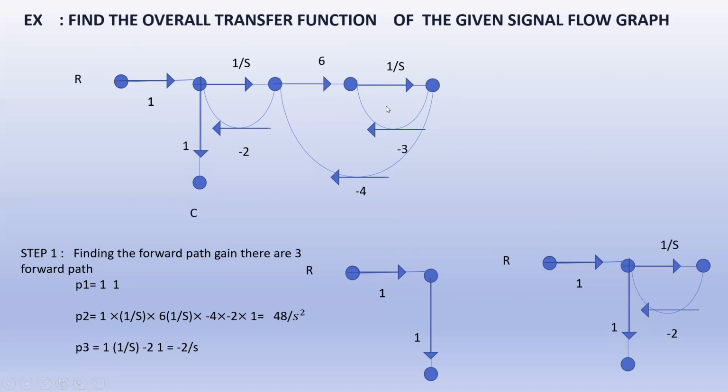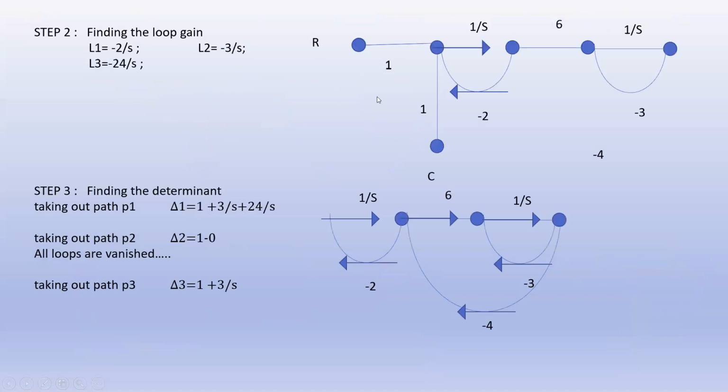As there is only one loop, there is no possibility of non-touching loops. With loop gain 3 by s, if we follow the same procedure in calculating the determinant, we have 1 plus 3 by s over here. So this is how we find the isolated determinants, by isolating the forward paths and finding the corresponding gains or determinants.